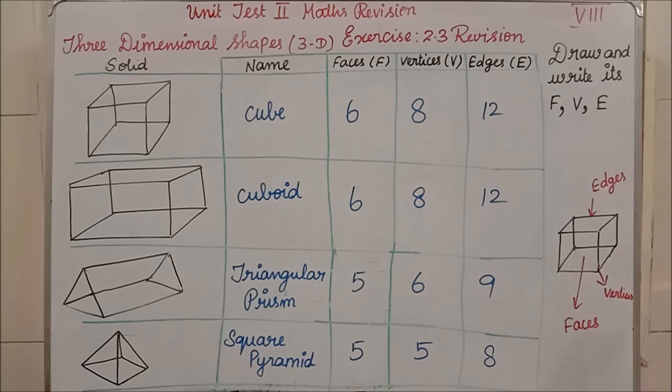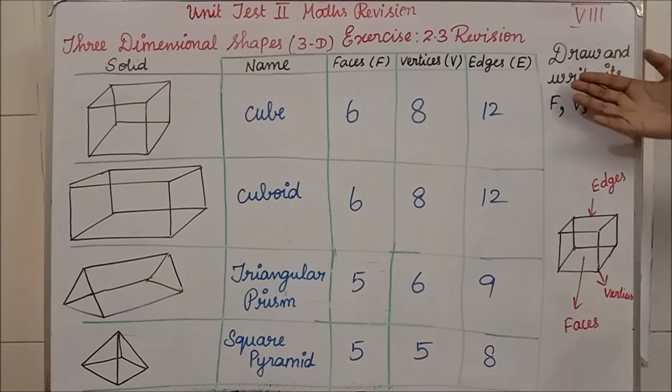Before going to the faces, vertices and edges, tell me what is the 2D shape of a cube? When we see the cube in 2D, it is a square.